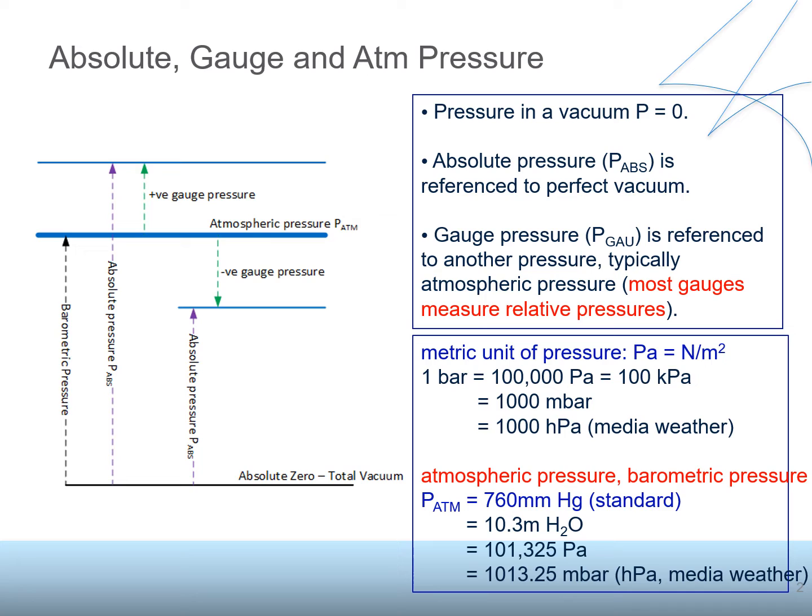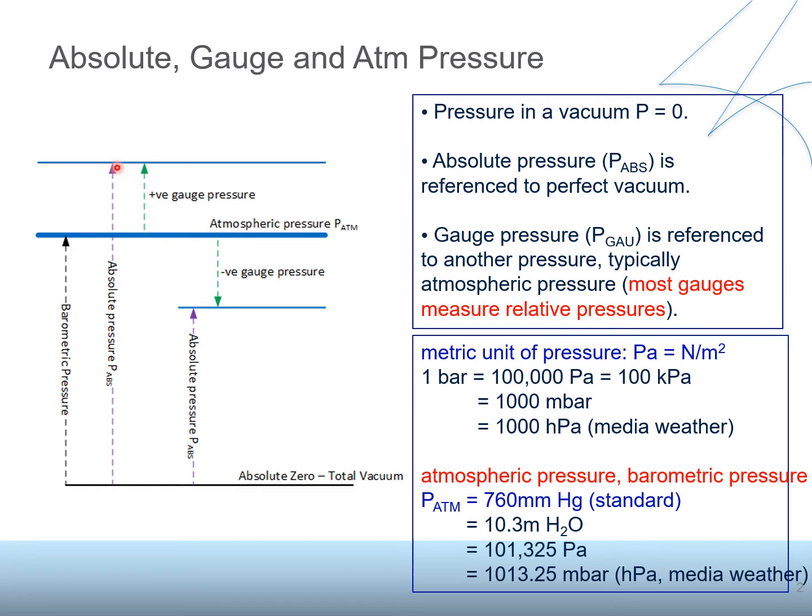Because we measure the absolute pressure from 0, if this is the point of the pressure, then from this point upward, absolute pressure is positive. But because this is less than atmospheric pressure, if you measure the gauge pressure, then this will be negative gauge pressure.